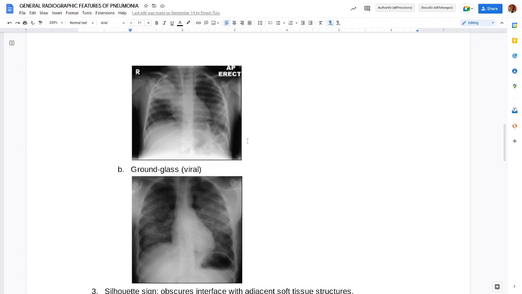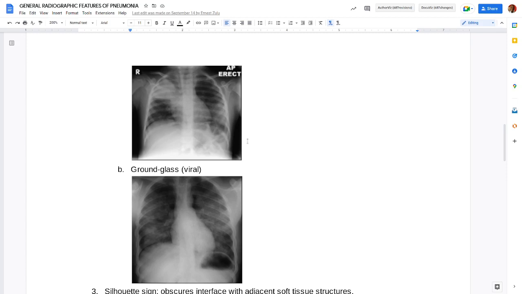Homogeneity is that throughout that region that is consolidated, the whiteness of the patch is uniform. Then you say it is homogeneous. And that is characteristic of pneumonia. It will look uniformly white.